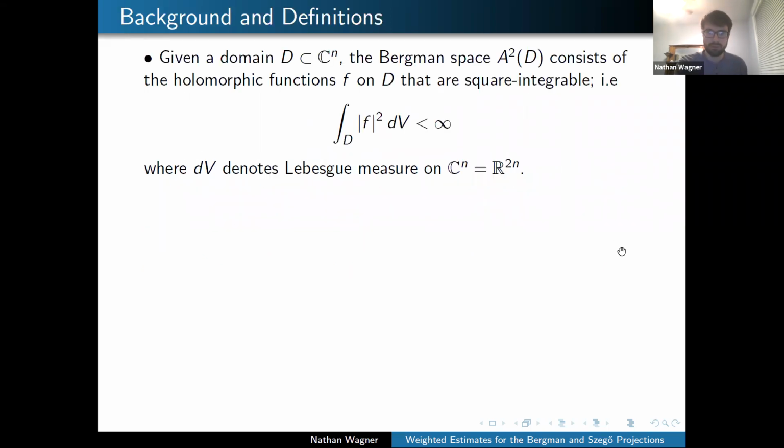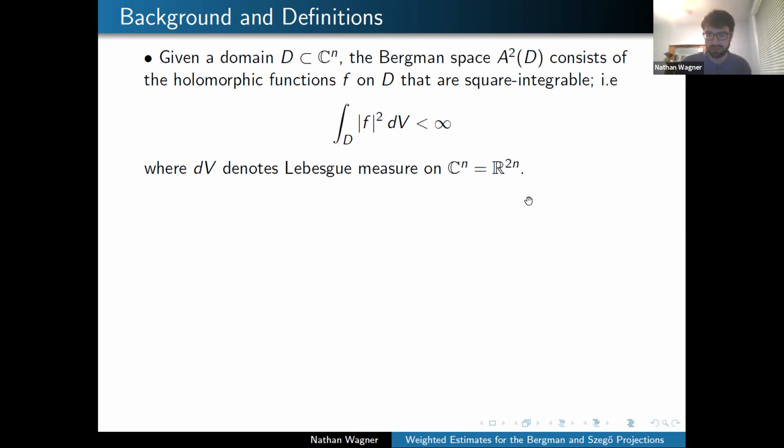Okay, so let me just start with some definitions about the function spaces that we're going to care about. If we have a domain in C^n, so we're working in several complex variables here, the Bergman space A2 consists of the holomorphic functions on the domain that are square integrable.